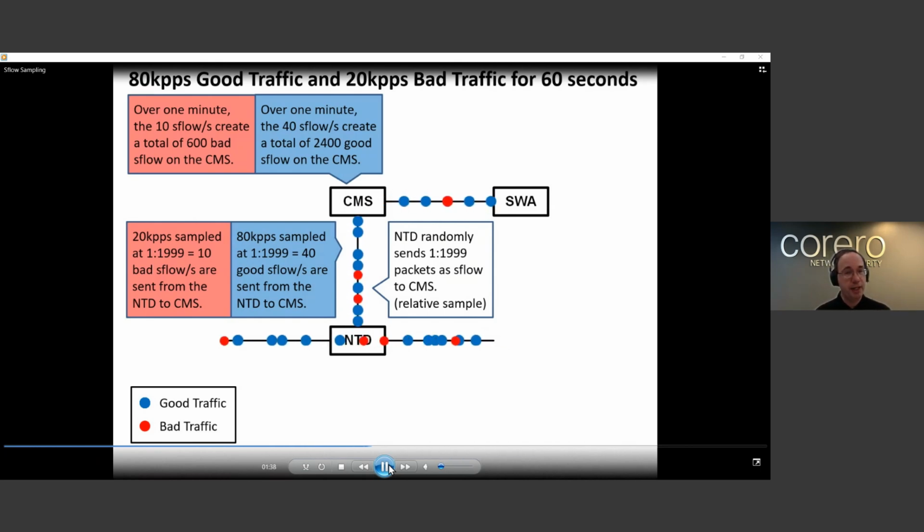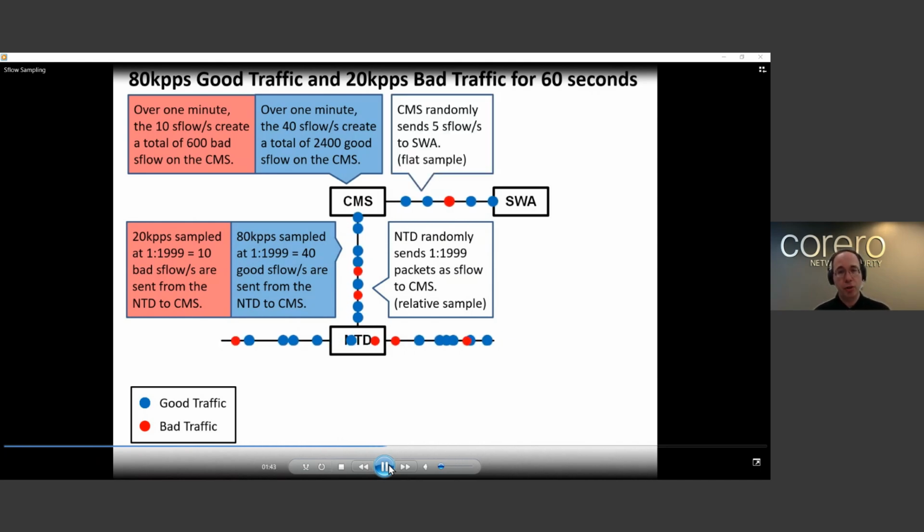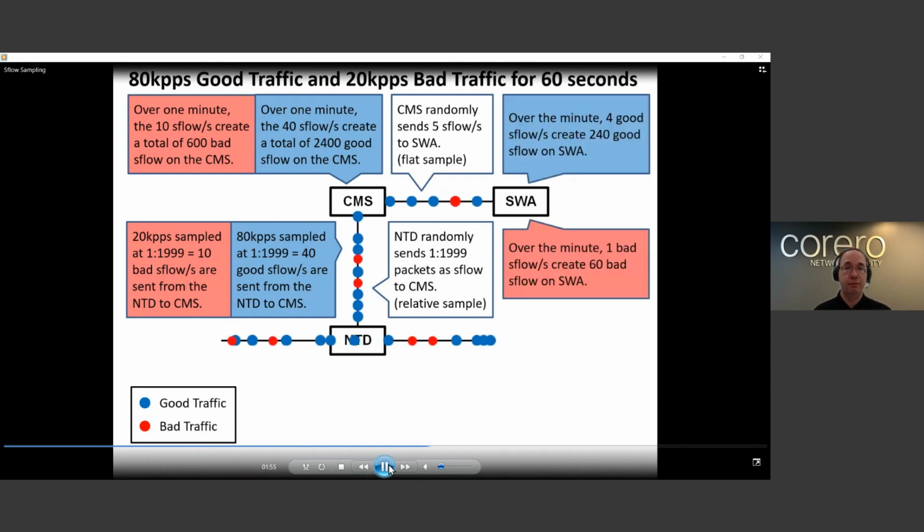These are randomly picked out of the stuff that came in that second, right? So since about 1/5 of the traffic is bad, it makes sense that a good random sample, which the CMS is, will send 5 a second to the SWA, and 4 out of 5 of those will be good. 1 out of 5 of them will be bad, right?